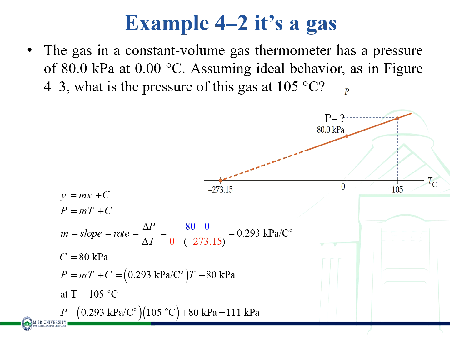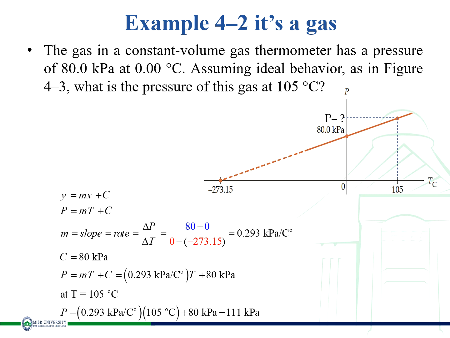So, we can calculate the slope m as the change in pressure divided by the change in temperature, m equals 80 minus 0 kPa divided by 0 minus minus 273.15 degrees C. This gives us a slope of 0.293 kilopascals per degree Celsius.